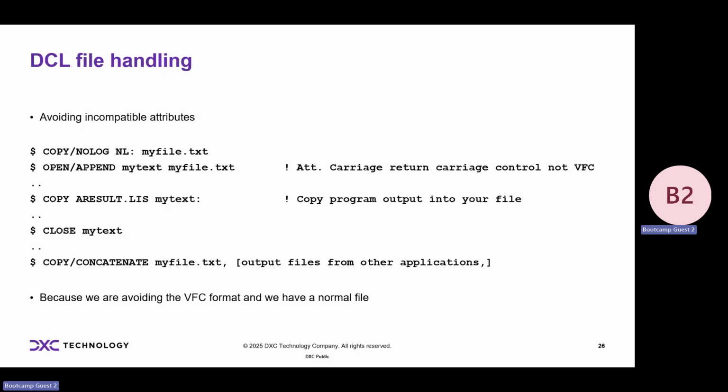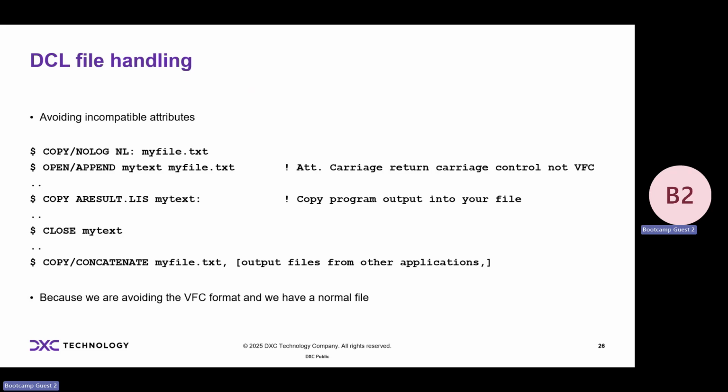File handling. You might want to actually start to combine some files. The problem is in DCL, when you just open to write a file, it comes up as VFC format. And then if you try to concatenate VFC format with your normal carriage return carriage control, it gives incompatible attributes and it won't do it.